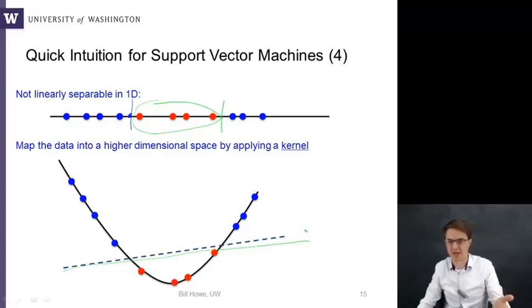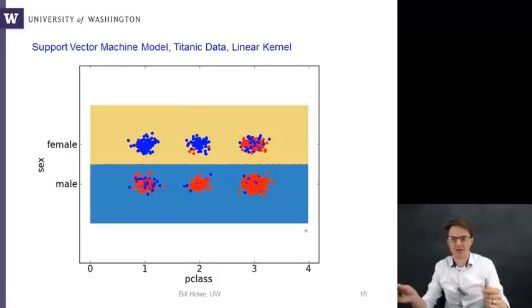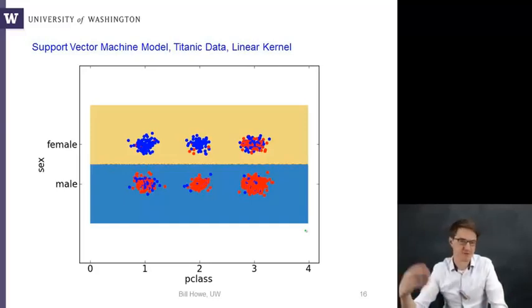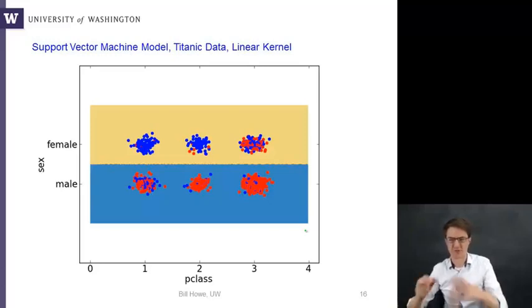They're pretty general. Okay, and so going back to our Titanic example, we can see some uses of support vector machines. So here is the linear support vector machine learned on this Titanic data where the attributes I've chosen are P class, or remember class being first class, second class, third class on the ship, and gender. And remember that red did not survive and blue is survived. And also remember that I added some noise to the data just so you could see the blob of red and the blob of blue.